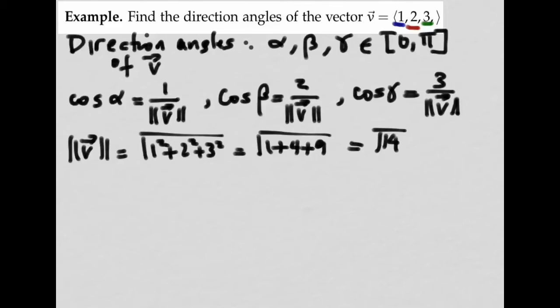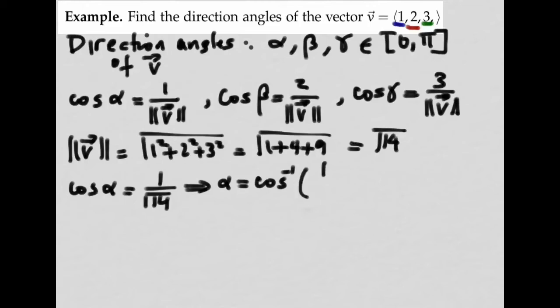We have everything we need to find the direction angles alpha, beta, and gamma. So cosine alpha is 1 over root 14, which tells us that alpha is cosine inverse 1 over root 14. Using a calculator and making sure the calculator is set in degrees, this gives us roughly 74 degrees.